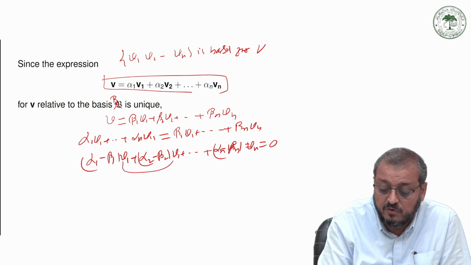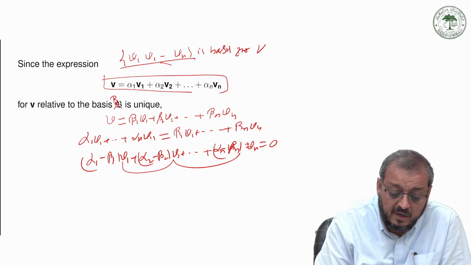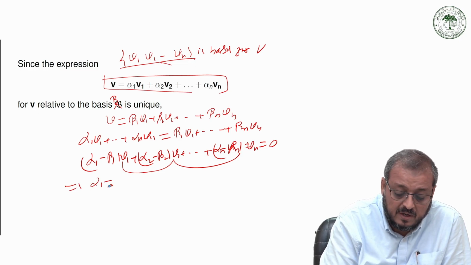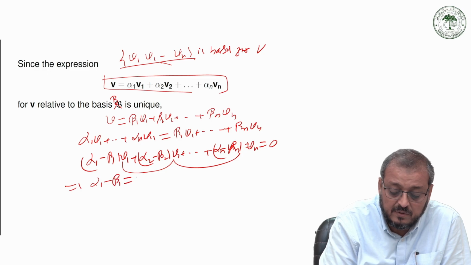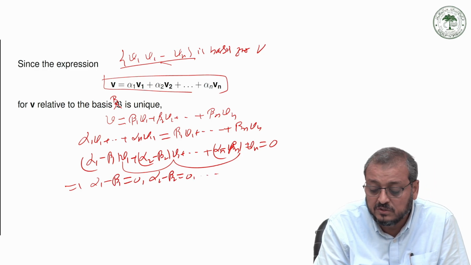And because v1, v2, vn is a basis and linearly independent, this implies that alpha 1 minus beta 1 is equal to 0, alpha 2 minus beta 2 is equal to 0, and so on.